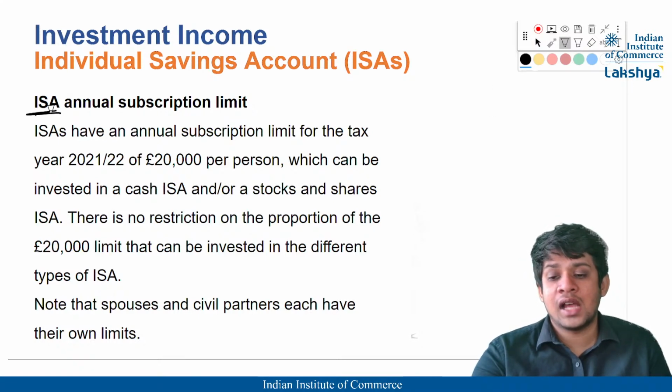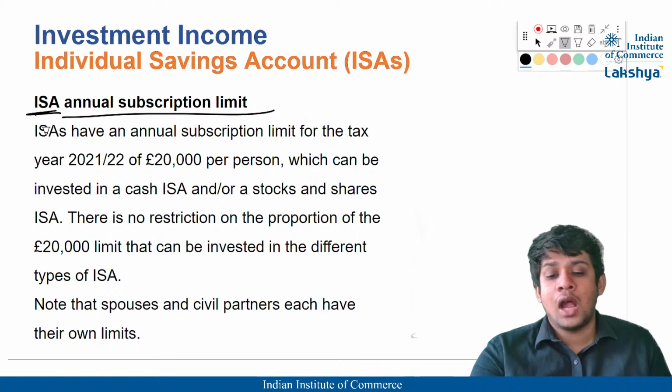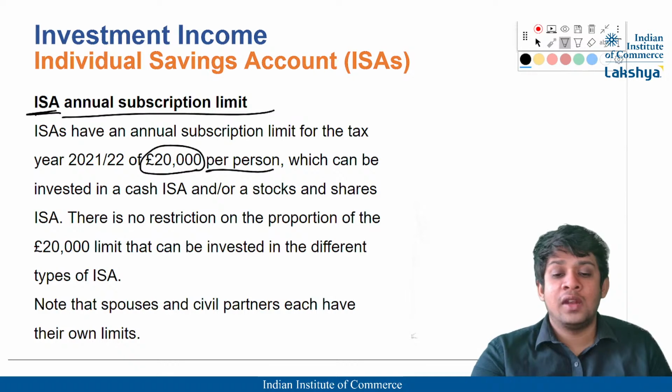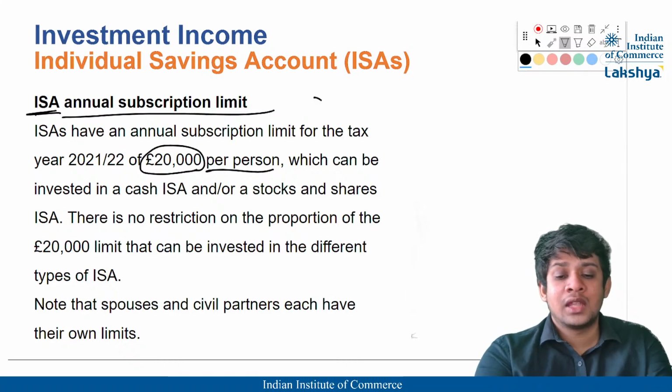Okay. ISAs have an annual subscription limit, and the annual subscription limit is £20,000 per person per year. That means they can invest any amount. But say that I invested £30,000 this year in the ISAs.